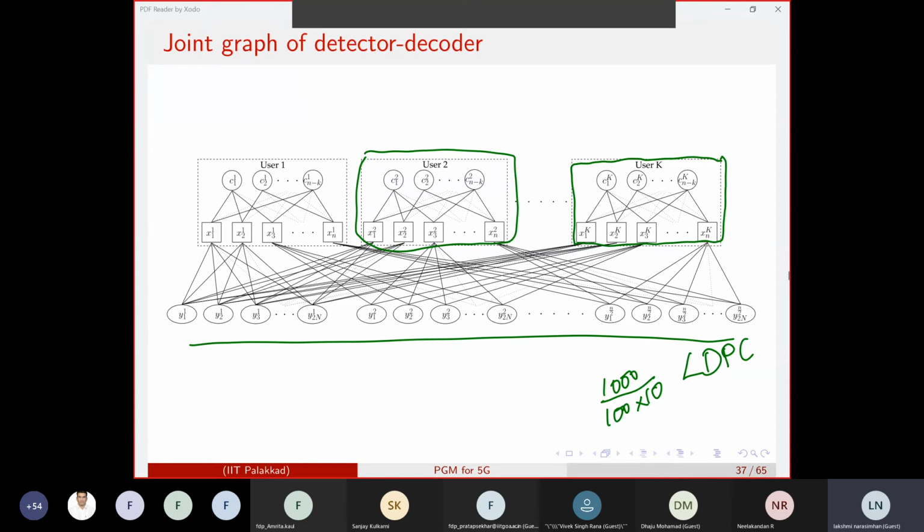So with all these received signals obtained over time and space, we can construct a huge joint graph with three different node sets. One is the set of variable nodes that correspond to the LDPC codeword. Sorry, I think I've interchanged this one.